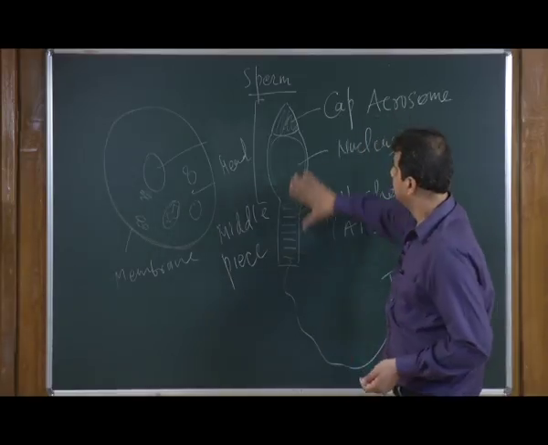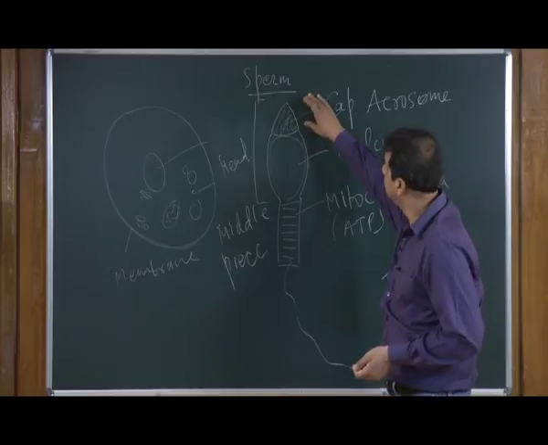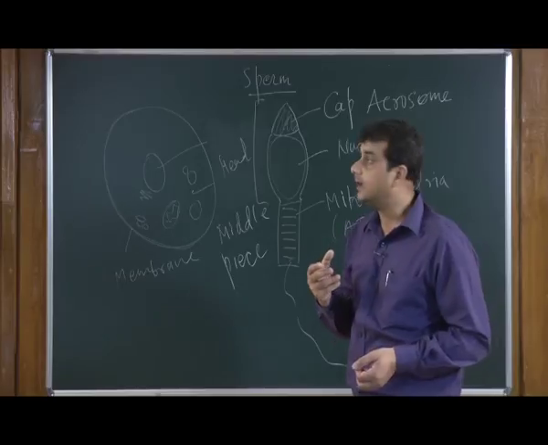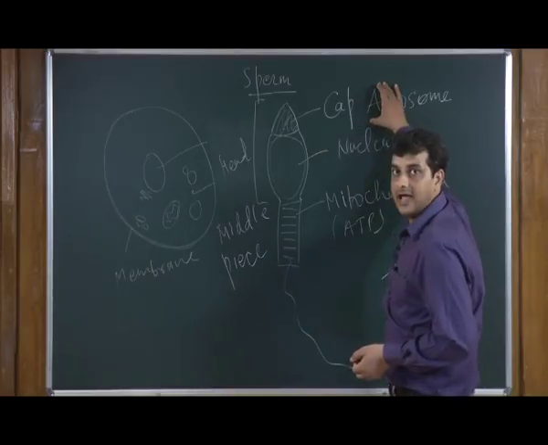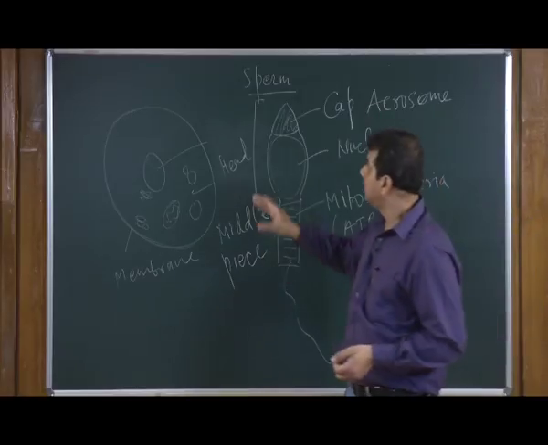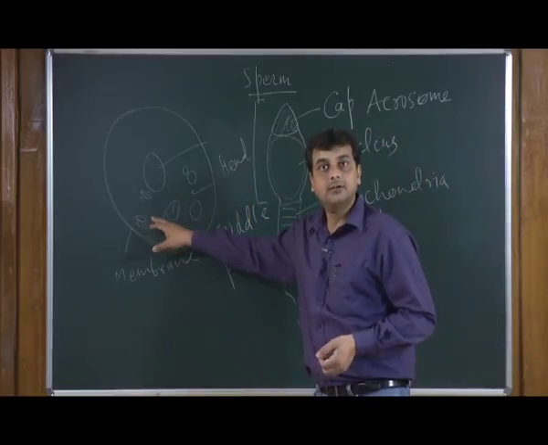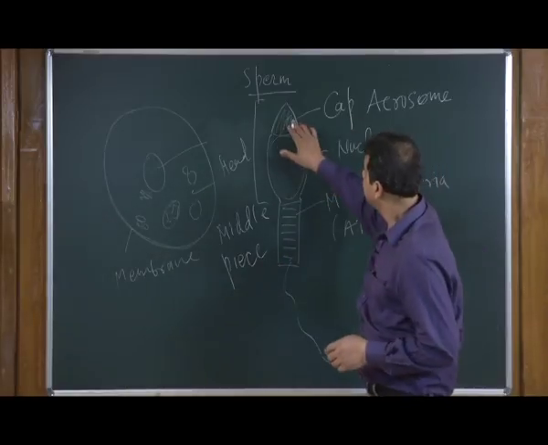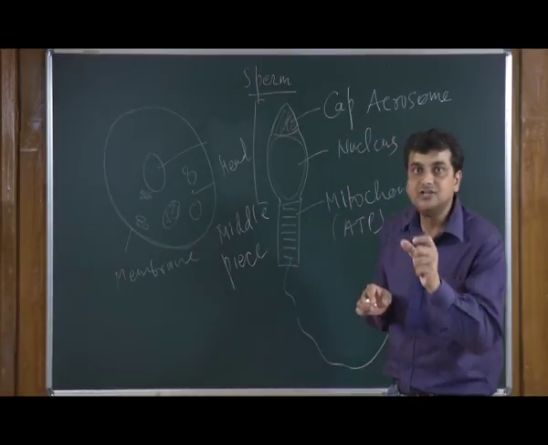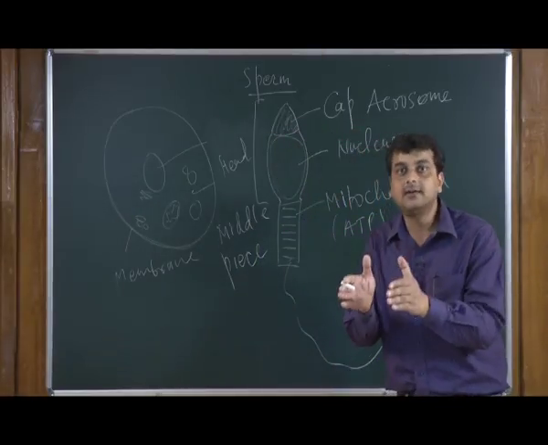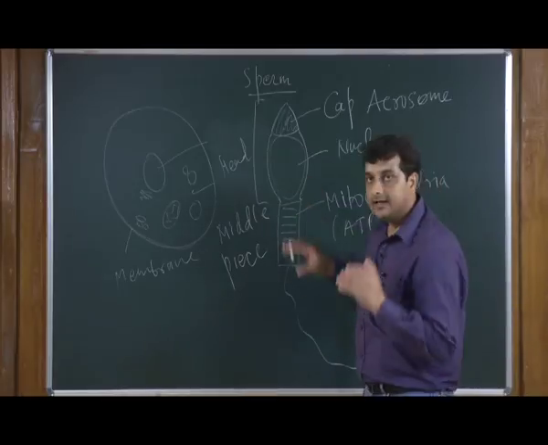So, now we have this head region. In the top of the head region we have the acrosome, and let us look into what these acrosomes actually are. These acrosomes are modifications of the Golgi body, or Golgi apparatus, that provide hydrolytic enzymes, and these hydrolytic enzymes are important for the sperm to penetrate inside the ova.